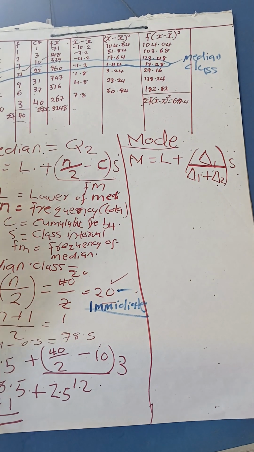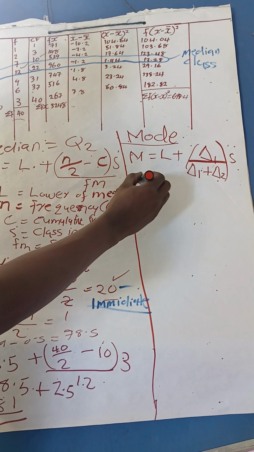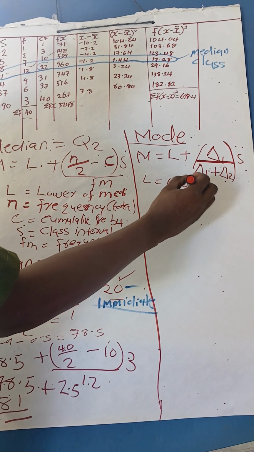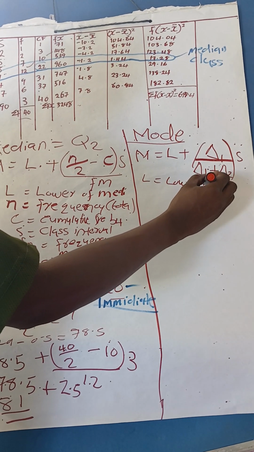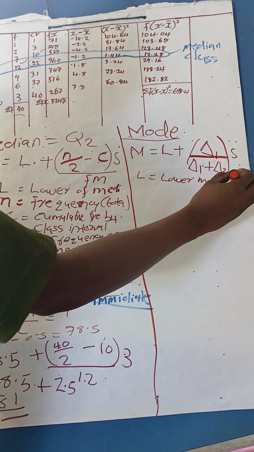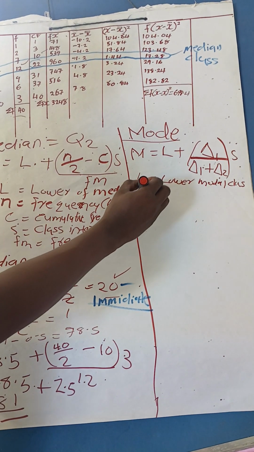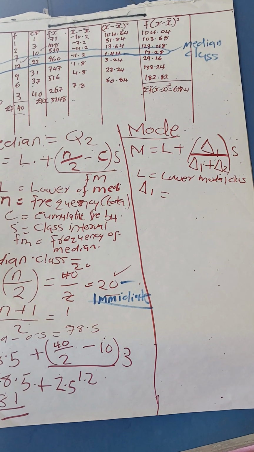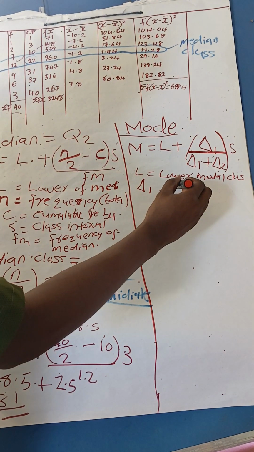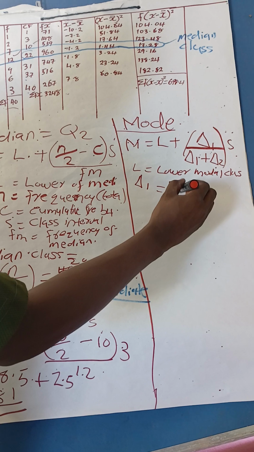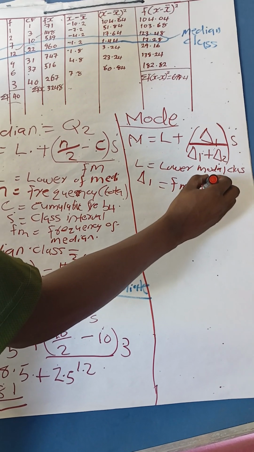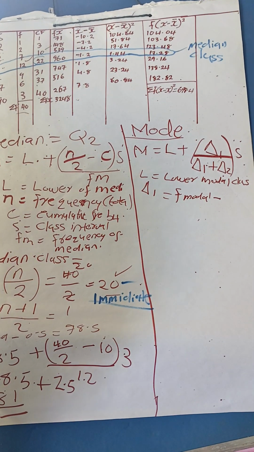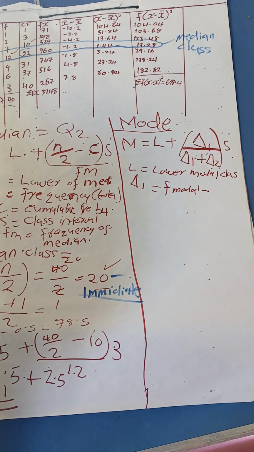Now, how do you get delta 1? L, I've said, is the lower class of the modal class. Then delta 1: you get the difference between the frequency of the modal class minus the frequency of the class before it.